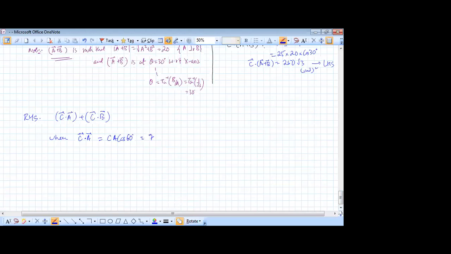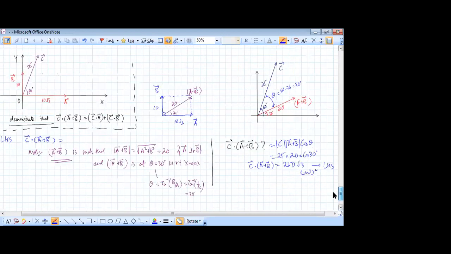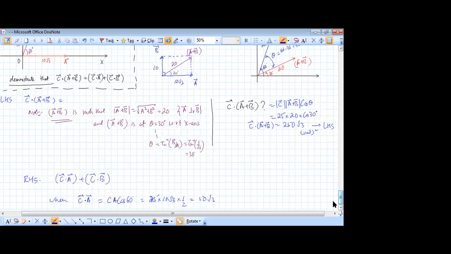So this is 25 into 10 root 3 into cos 60, which is half. So you can see it's 50 root 3. A was 10 root 3, like this.